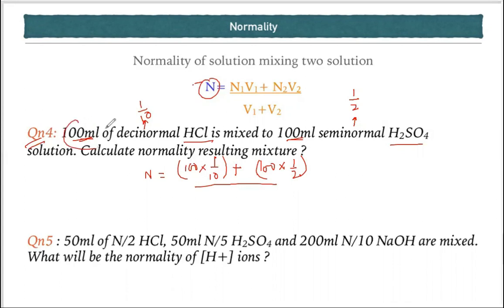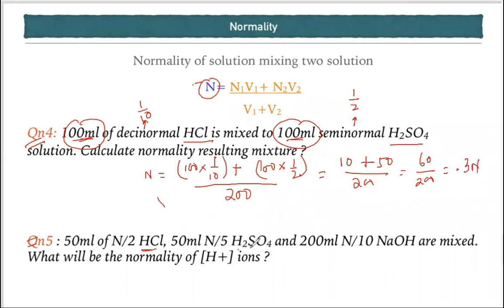That is 100 plus 100, that is 200. So if we solve it, this will be 10 plus this will be 50, whole divided by 200. So 10 plus 50 gives 60 divided by 200, and the answer will be 0.3 normal.